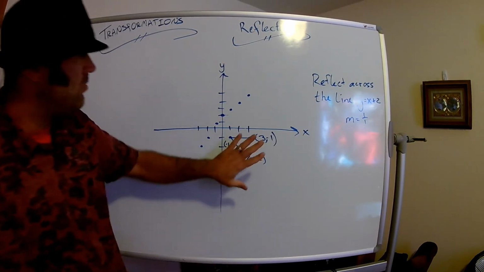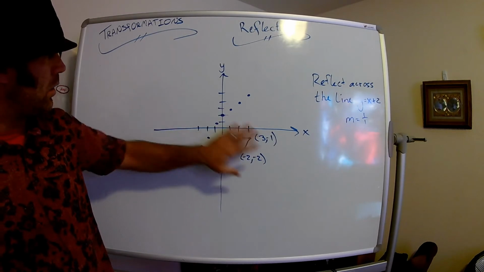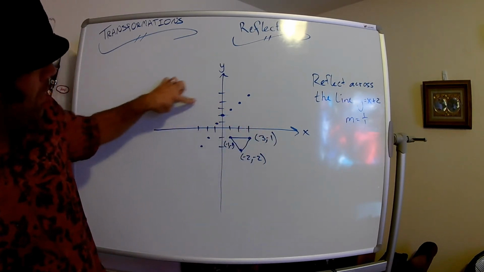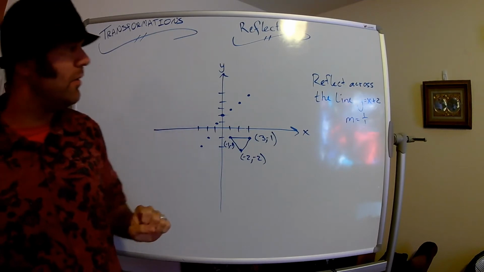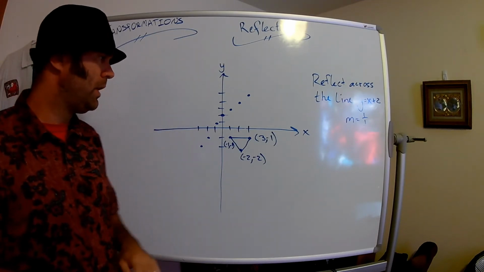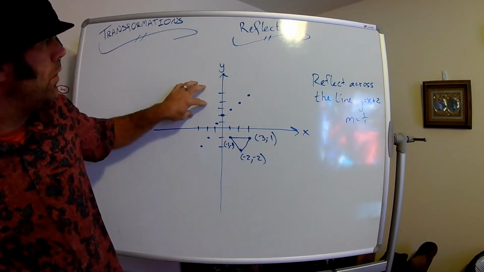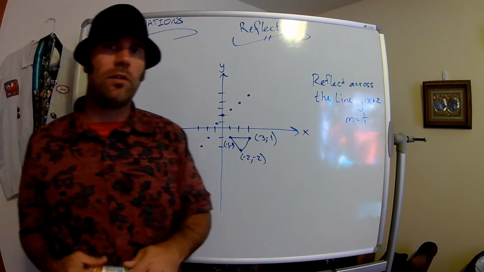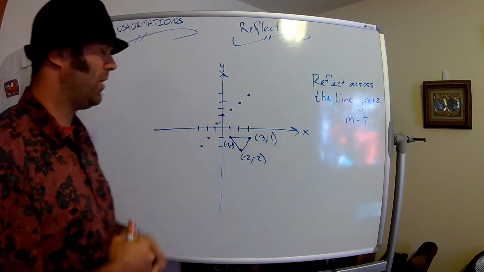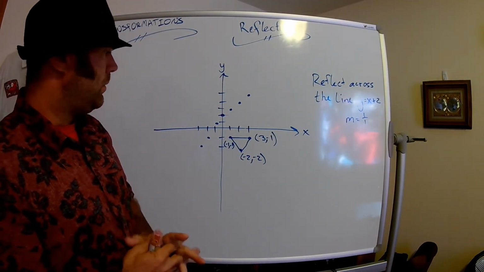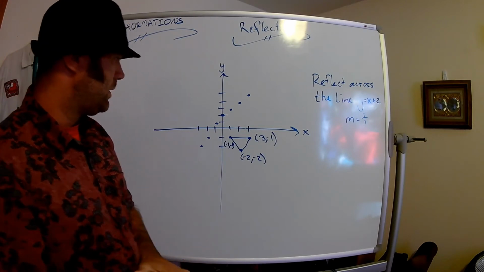If you can imagine this shape reflecting over this line, it's going to be somewhere over here in the second quadrant. It started in the fourth. It's reflecting across this line, so it will be in the second quadrant. We can visualize that before we even start.